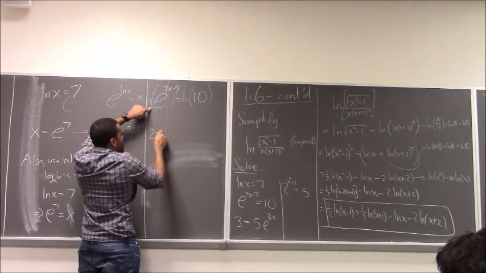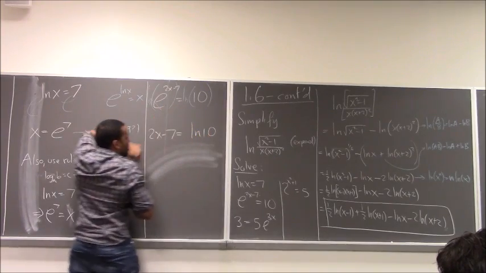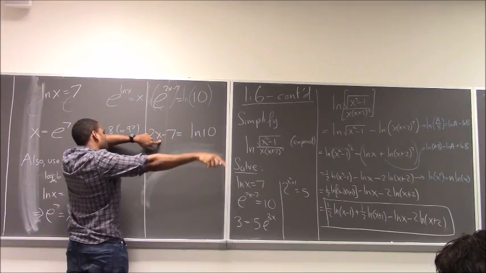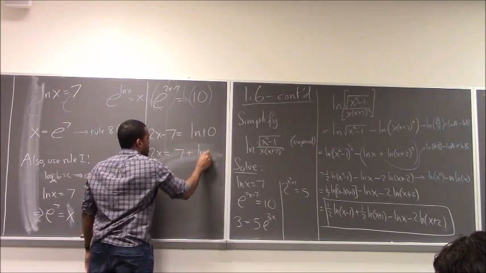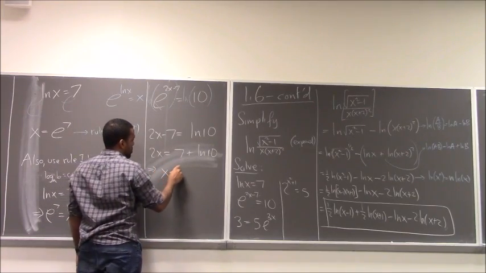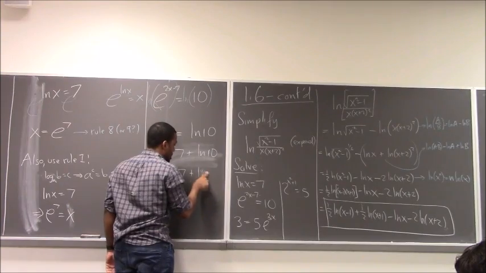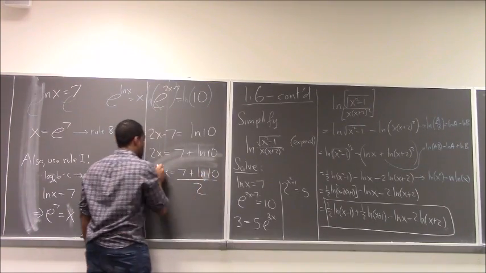I get 2x minus 7. Here I just have ln of t. And so now I want to solve for x. It's just like any other equation. Get everything that doesn't have x on the other side. And then divide both sides by 2. And that is it.